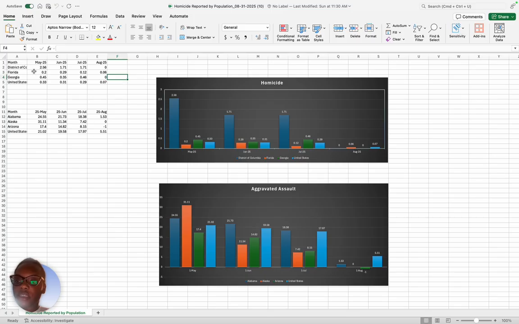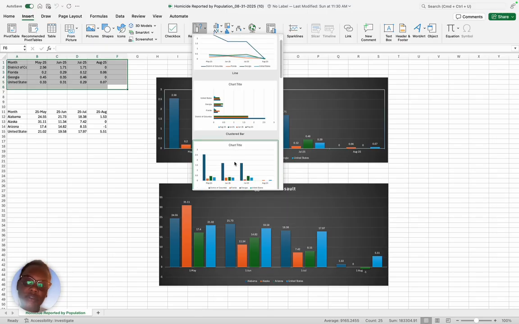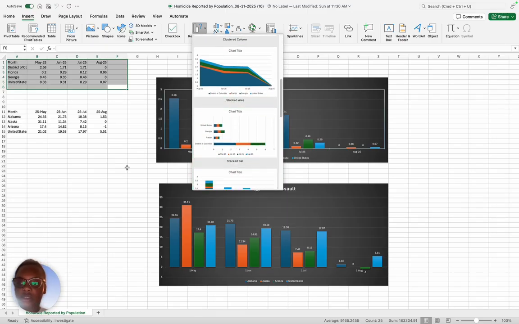So as you can see, you see the different rates for District of Columbia, Florida, and Georgia. I created a graph based on the information. It's just highlighting the information and then creating a graph that's recommended. As you can see, you have various graphs that you can use.